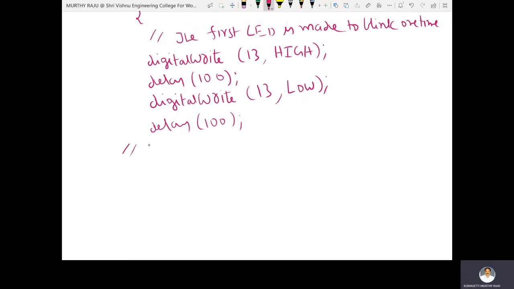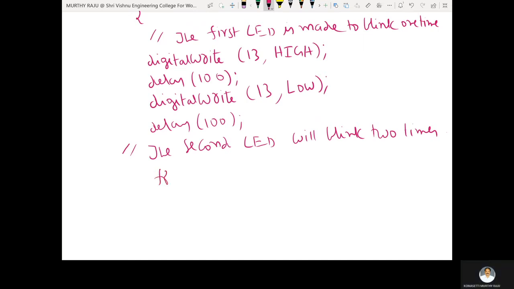Next, the second LED will blink 2 times. Here 2 times means here we use a for loop. For integer i equal to 1, i less than 3, i plus plus, curly bracket is open.